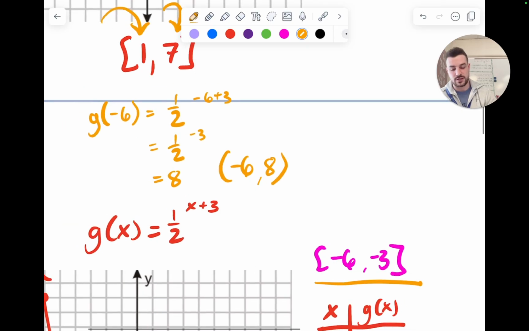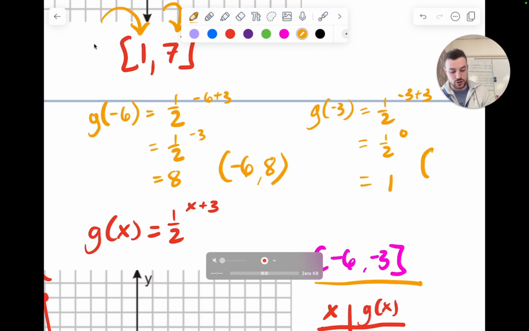And then I can do the same thing with -3. So I've got 2 points, -6, 8, and then -3, 1.